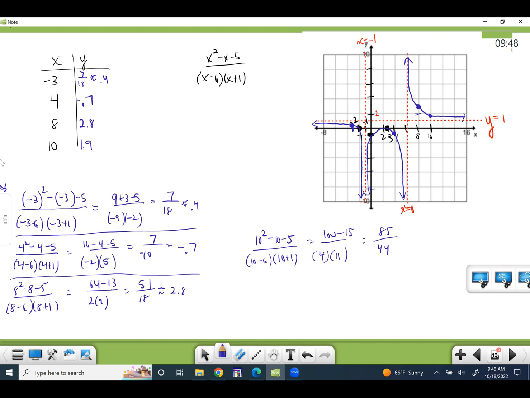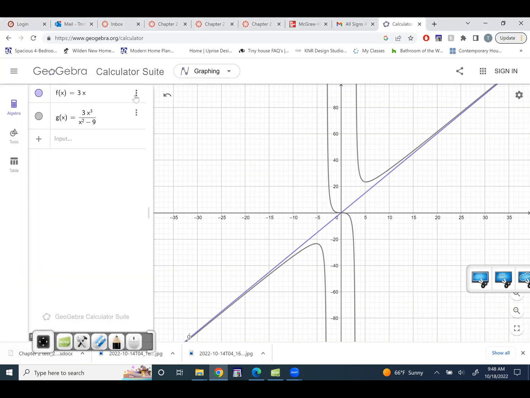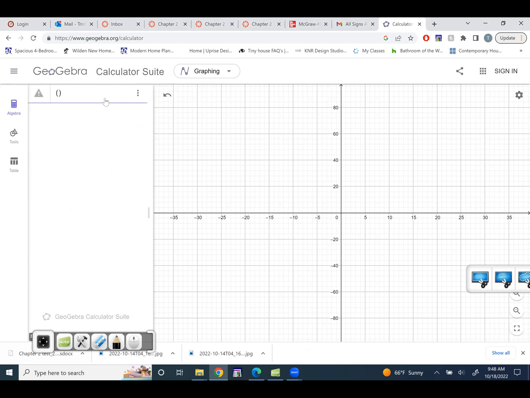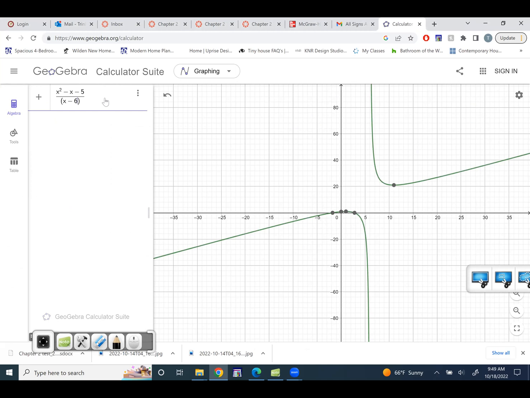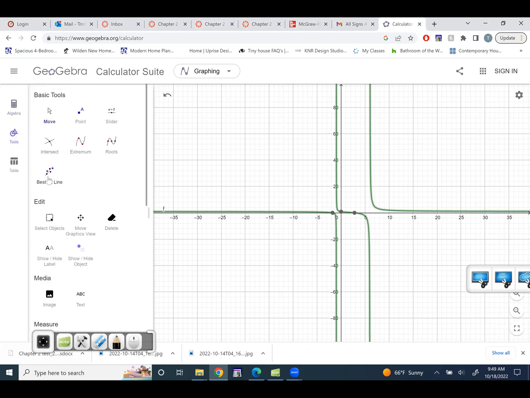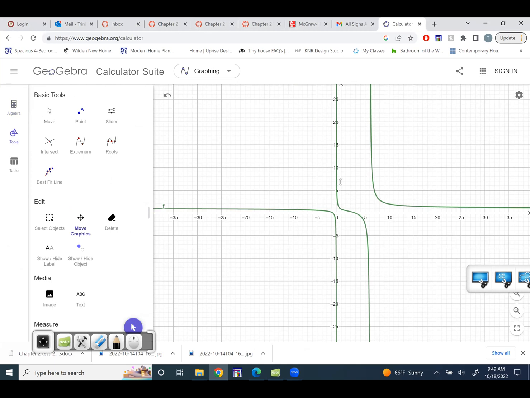Okay. Alrighty. X squared minus x minus 5, divided by, I think it was x minus 6, x plus 1. Adjust the y-axis a little bit because it's really too small.